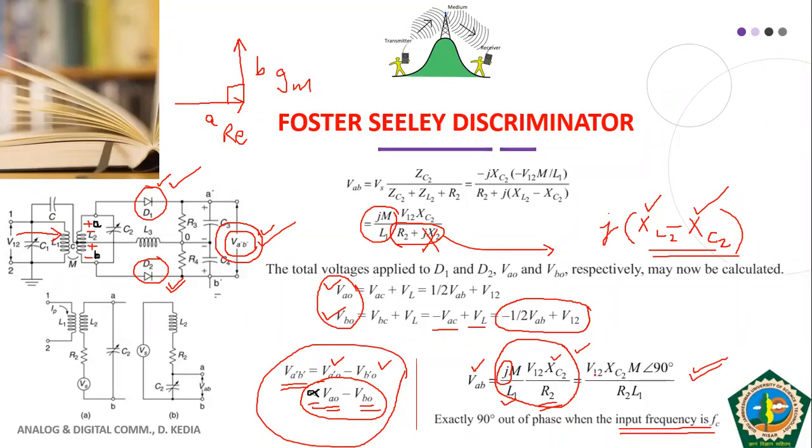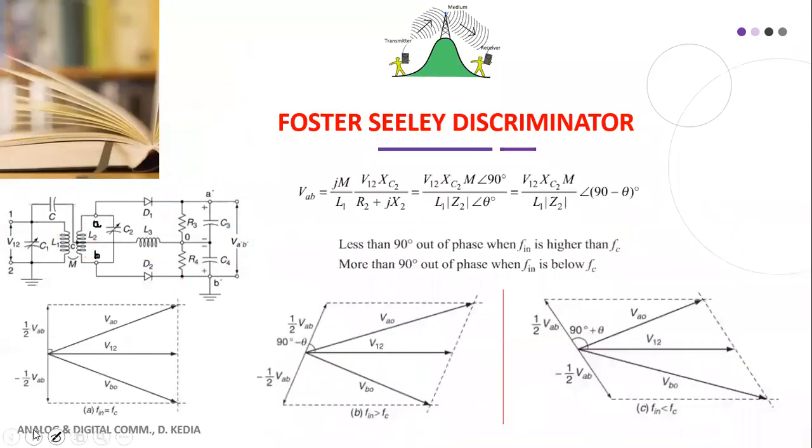So it becomes V12 XC2 at 90 degrees. So in case your input frequency is equal to carrier frequency, your VAB is exactly 90 degrees out of phase. And if so happens, then in terms of phasors or vectors, it looks like this.